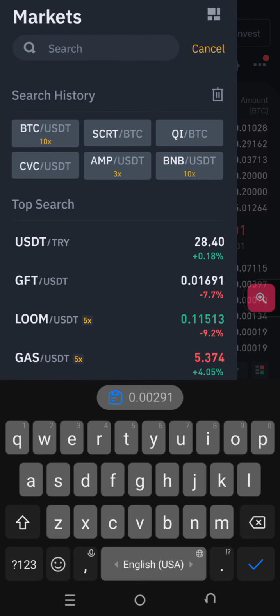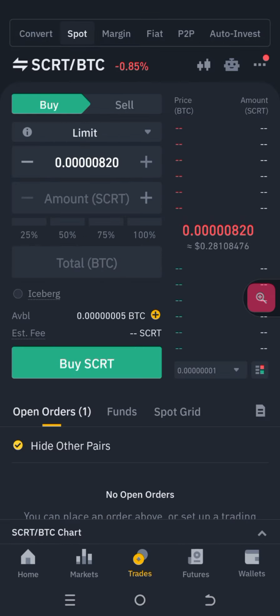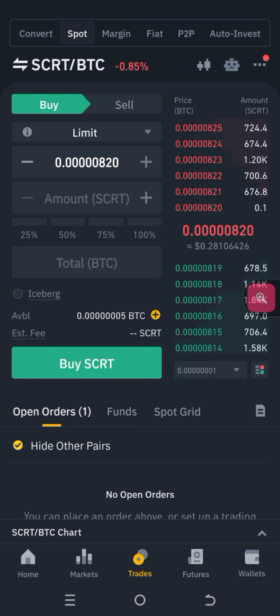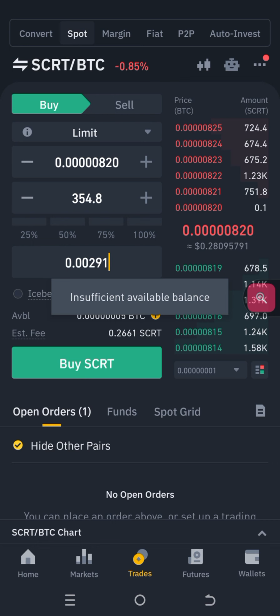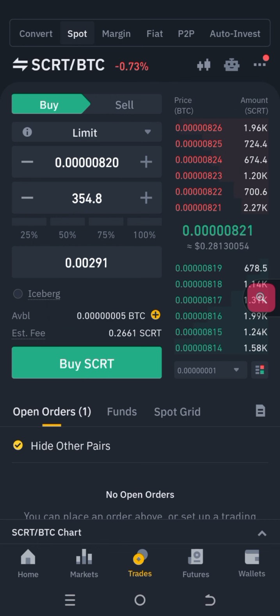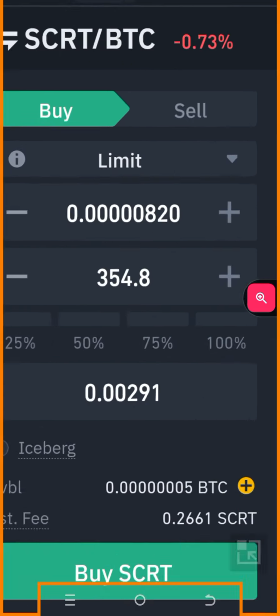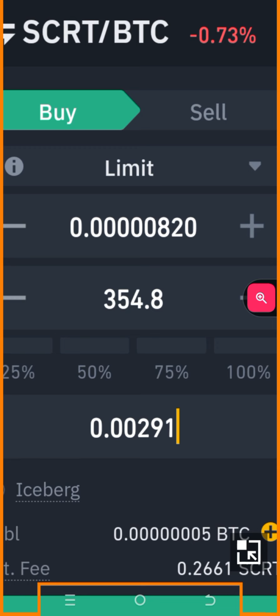Definitely, but how is it going to be? Are we going to be able to make profit immediately? Let's check it out. So we're at SCRT, and all we have to do now is buy SCRT with BTC. So all we just have to do now is place the BTC here, as you can see, and then we can pick up 354.8. Remember that, 354.8. So let's copy that.